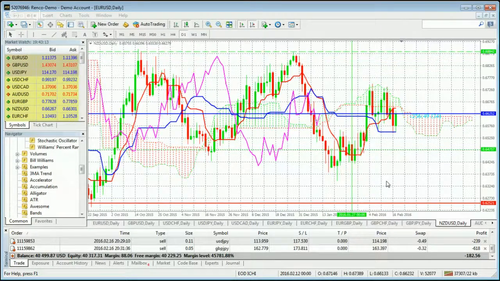The Tenkan Kijun-sen cross is definitely one that has happened as well, and that happened actually before the Kumo break. We got the last one, right? It's actually a fresher signal than that. It's one that's just happened recently.